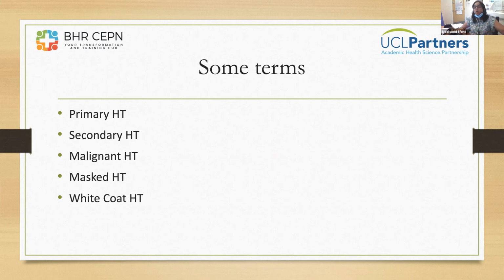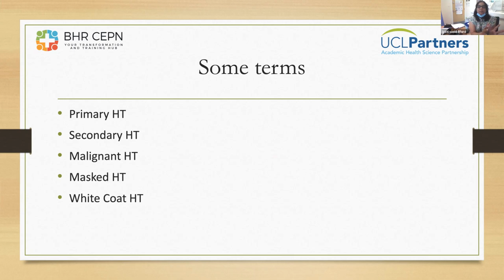Masked hypertension and white coat hypertension are slightly different terms. Masked hypertension would be a patient who comes to you at the practice and has normal blood pressure. However, when they measure it at home and in other environments, the blood pressure is high. Converse to that, white coat hypertension is when they see somebody in a white coat, so somebody in a practice or a clinician's role, and the blood pressure shoots up with anxiety, and actually at home it's normal.